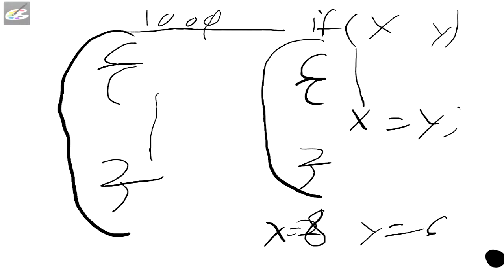So let's say we had this equal. Now you're like, well, what if I want to jump into this loop if they're not equal to each other?